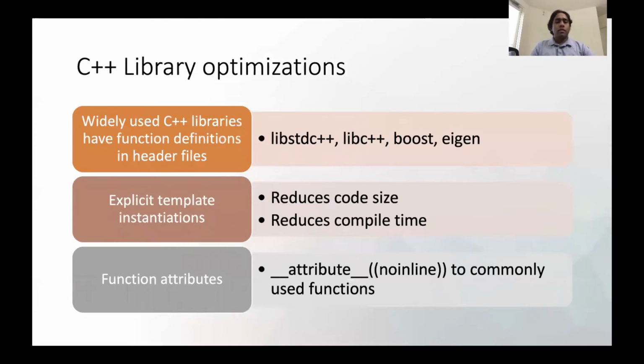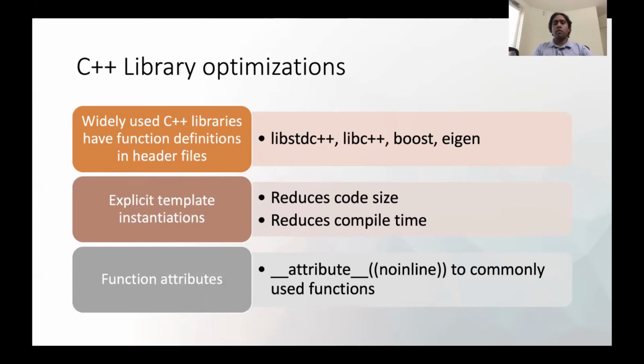Now, moving on to the second category, called C++ library optimizations. C++ libraries tend to have a lot of templates and header only libraries as well, like Boost, libc++, and Eigen. When we put the definition in the header file, these definitions get generated in all the translation units, and they incur code size overhead because those functions can get inlined, and there's a lot of code bloat.